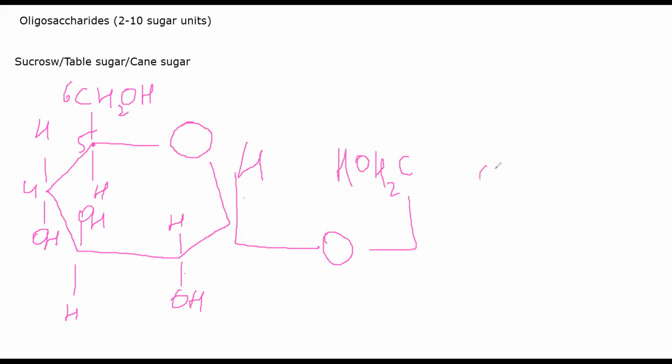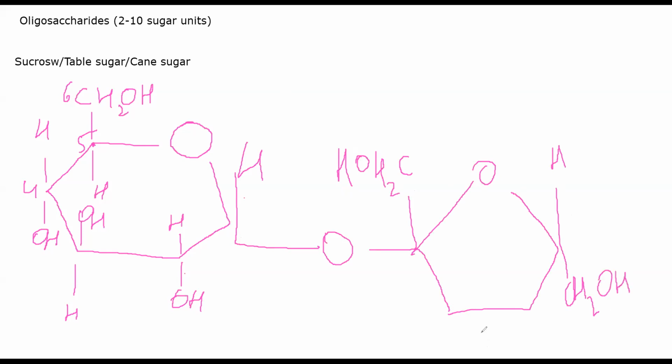H2OH and you start off with O, 2, 3, 4, 5. You have H, you have CH2OH, you have H, H, and you have OH here. This is how you'll have a 1, 2, 3, 4, 5 structured carbon ring.